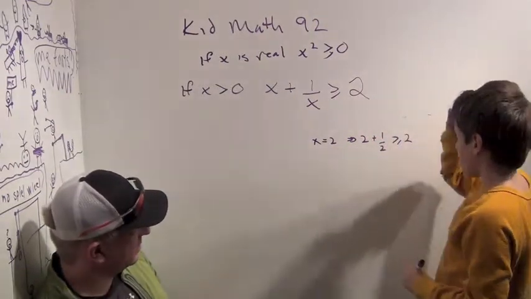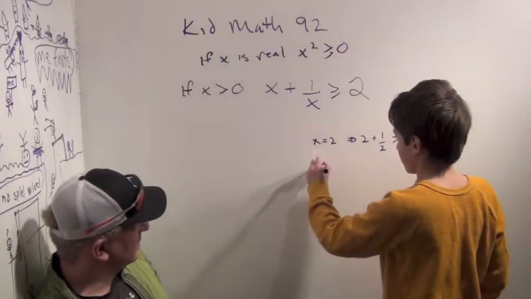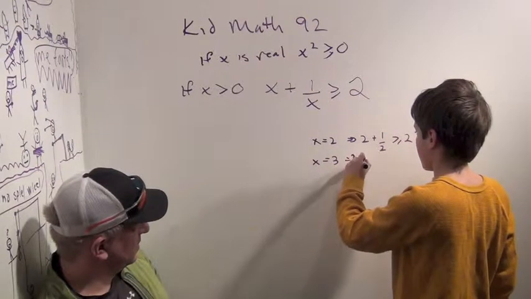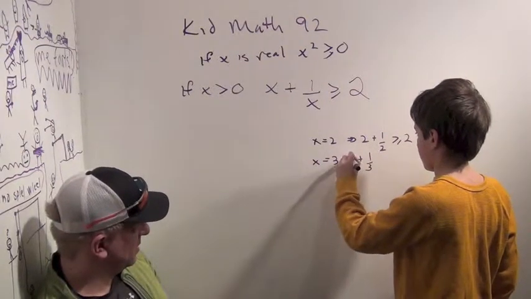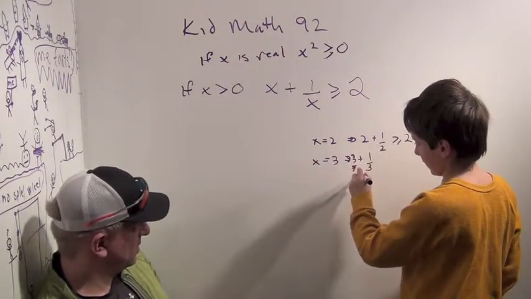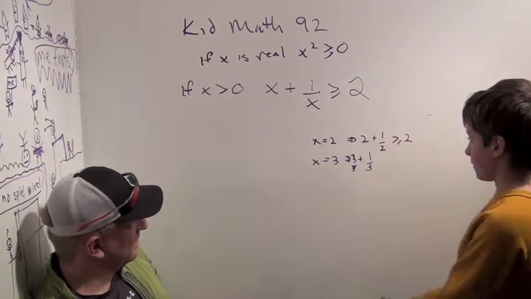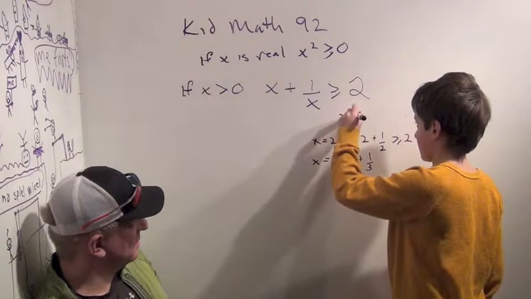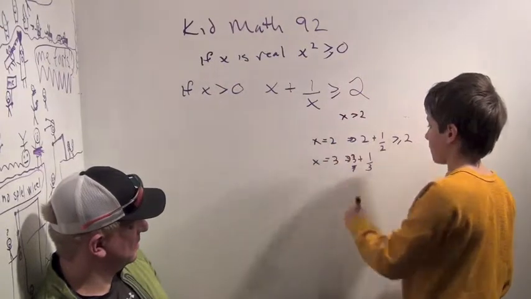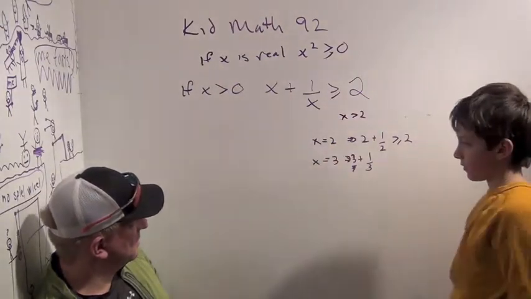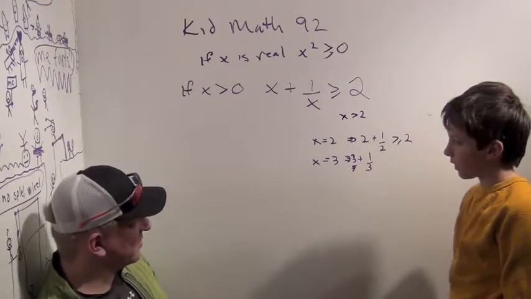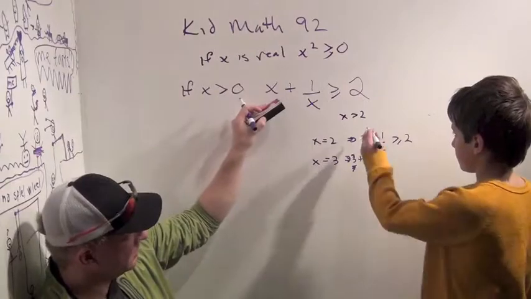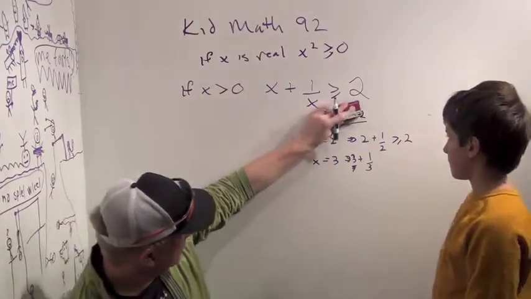But when x gets bigger than 2, like 3, you get 3 plus 1/3, and you're already starting bigger than 2. So if x is greater than 2, this is true. You've tried a lot of things, and it seems to be obviously true when x is bigger than 2. But when x is 1, it's still true.